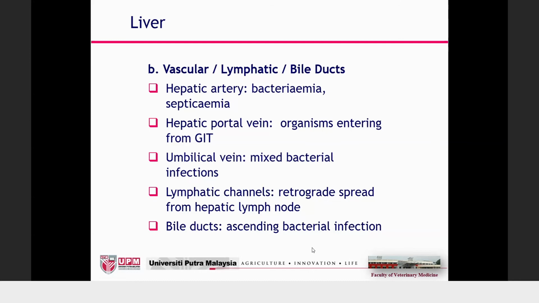They just enter the bile ducts, and then ascending infection might lead to infection in the liver. So in principle, we can foresee that the liver is at high risk of infection, particularly systemic infection, from at least five different routes. So they are highly susceptible.